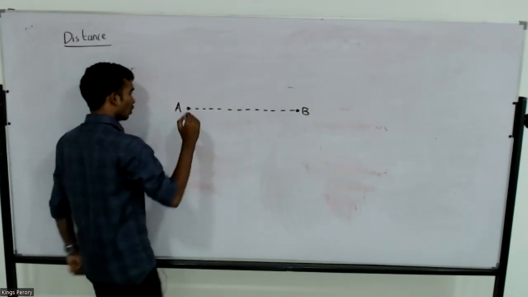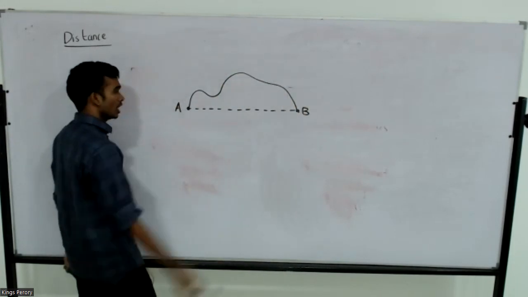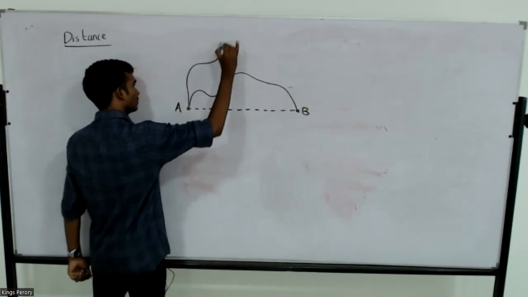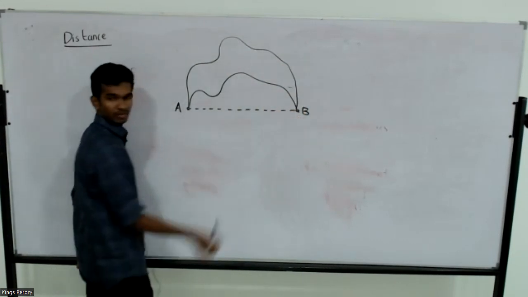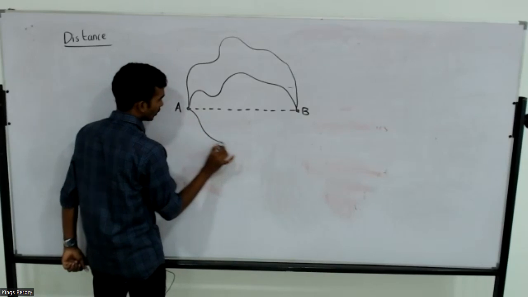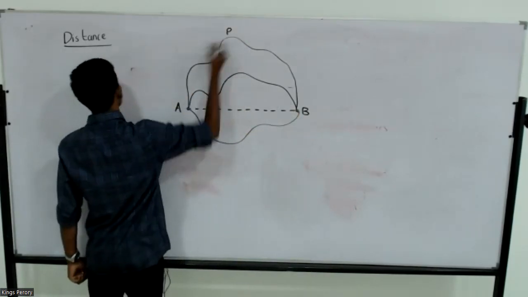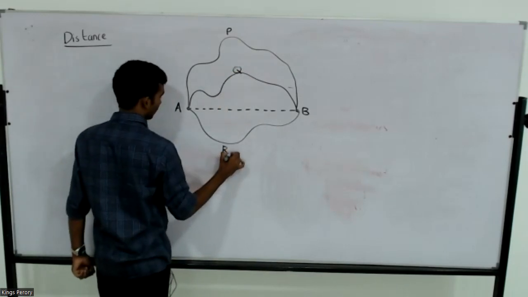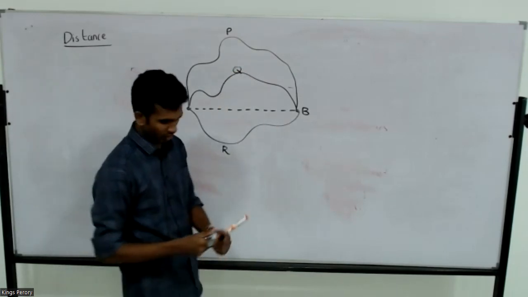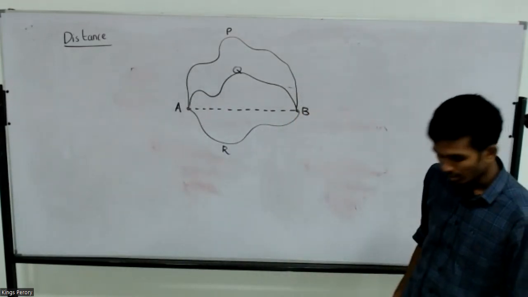You have a road or a path like this. You have another road or a path like this. All of them are connecting A and B. You have another path going like this. I'll name this as P path, this as Q path, and this as R path. So you have three paths to go from A to B: P path, Q path, and R path.